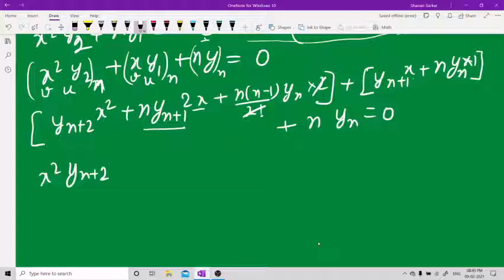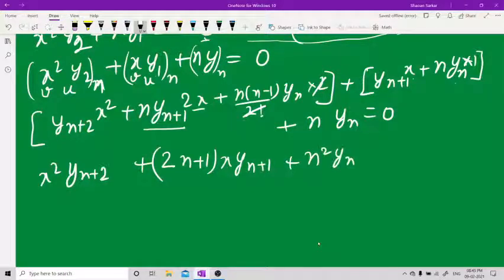So here you have plus 2n plus 1 x yn plus 1. Now this yn and this yn and this yn is left. So now you have, open up, n square yn minus nyn plus nyn plus nyn equal to 0.